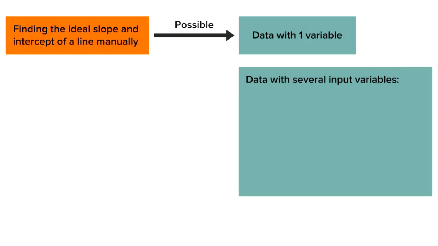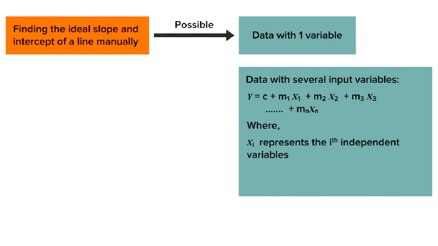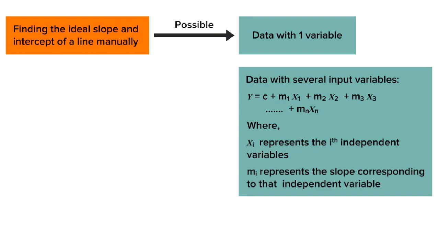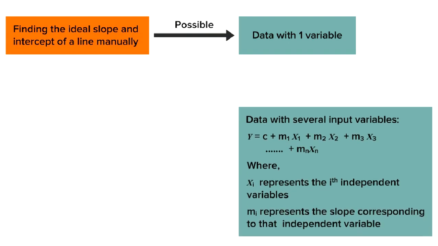But what if our data has several input variables, that is x1, x2, xn, which means the equation of the resultant linear regression model would be that of a line in n-dimensional space like shown here. y is equal to c plus m1x1 plus m2x2 plus m3x3 and so on till mnxn, where x represents the ith independent variable and m represents the slope corresponding to that independent variable.